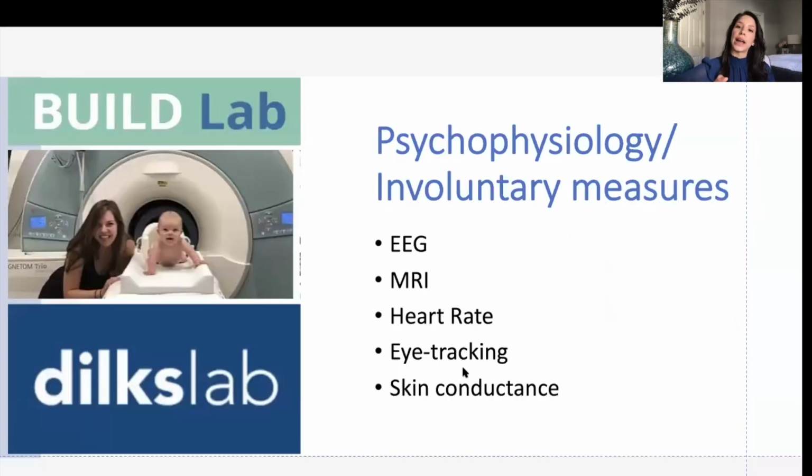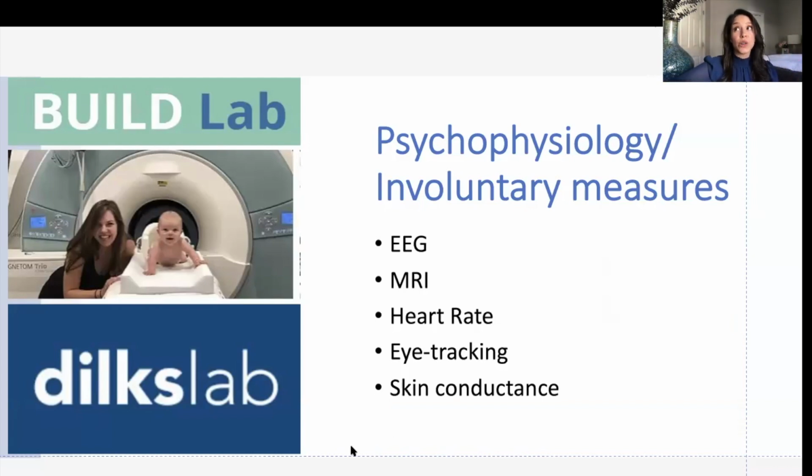We also know that another methodology that you can employ is gathering physiological data, like brain activation during certain tasks, heart rate, skin conductance, and you can also gather involuntary measures like measuring where children look in particular pictures or scenarios.